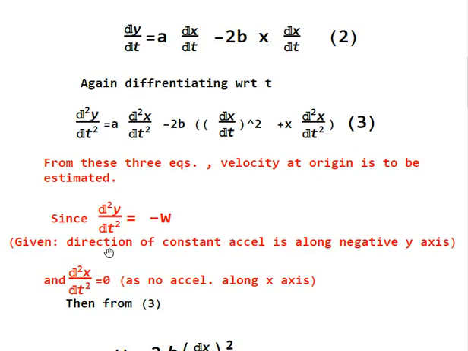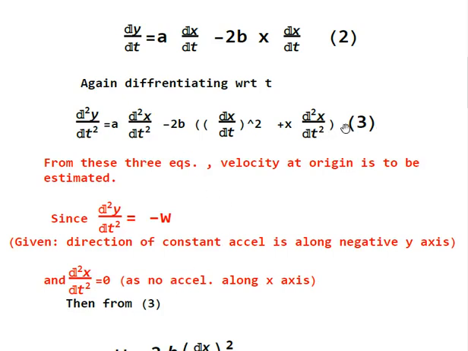Now it is given d²y/dt² = -w, the acceleration along the negative y-axis, which is constant. So we can put d²y/dt² as -w. And there is no acceleration along x-axis, that is d²x/dt² = 0.